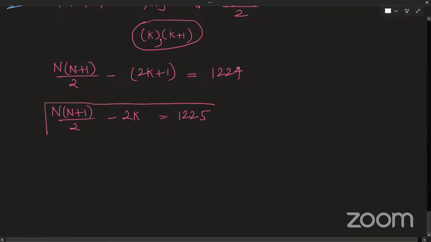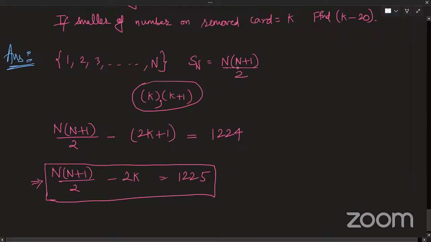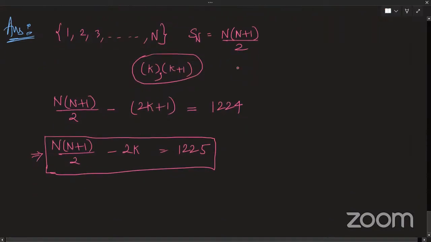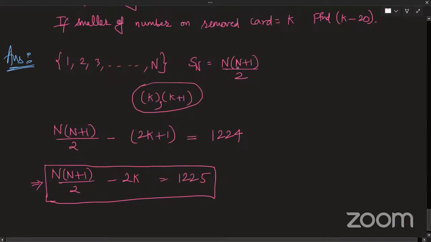See, what is the sum of the first n natural numbers? n into n plus 1 by 2. From that, I have removed two numbers, k and k plus 1. So what is the sum of k and k plus 1?